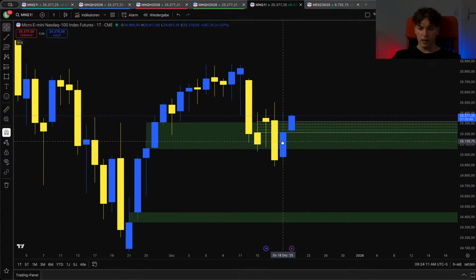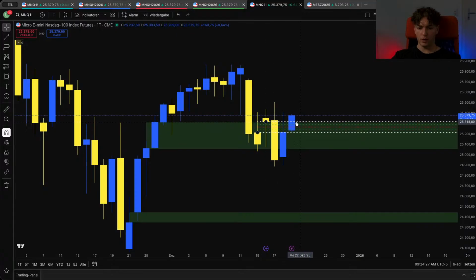Now we're trading up into this volume imbalance again, and in order for it to be efficiently delivered, we need a buy side, an up close candle, basically closing above this volume imbalance.